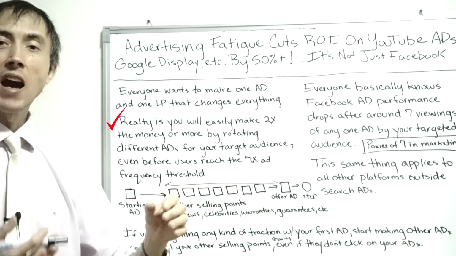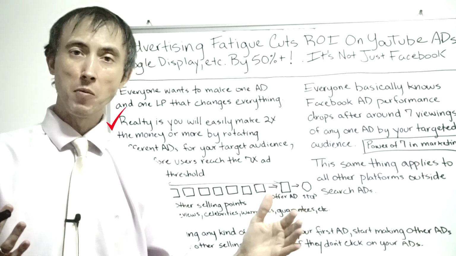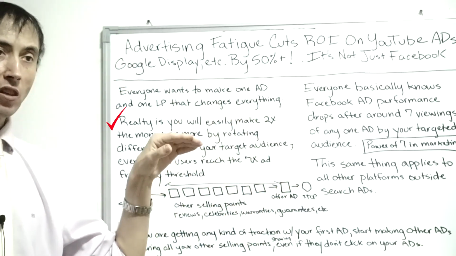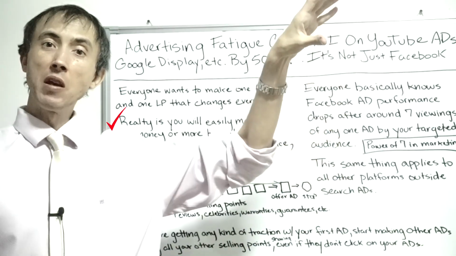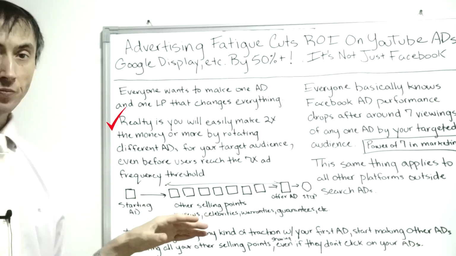And so you can kind of guess how much you can pay for a click before your ad campaign becomes unprofitable. It's nice to do that math ahead of time, but once you start heading downhill and your cost per click starts climbing, that's the time when you should have your next ad ready to go.